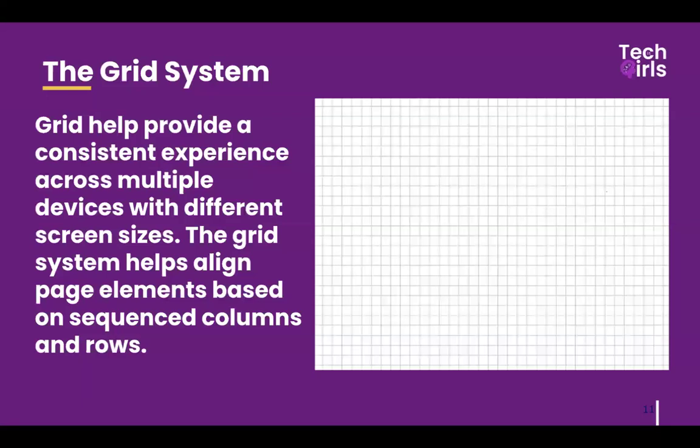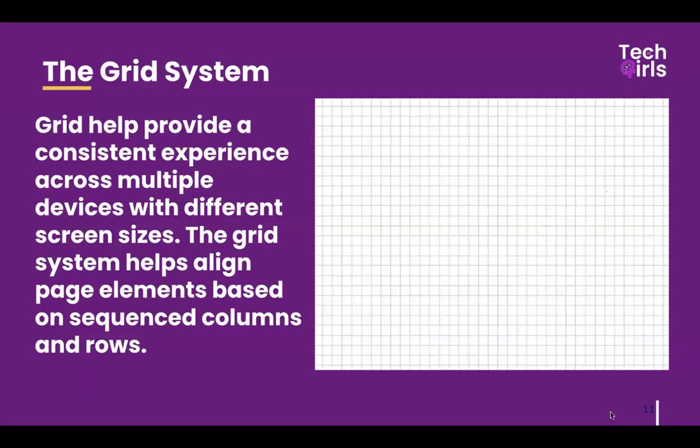So then there's another one we call the grid system. Okay, I know we've not used this, I've not introduced this in our Figma. So grid helps to provide a consistent experience across multiple devices with different screen sizes. The grid system helps align page elements based on sequenced columns and rows.